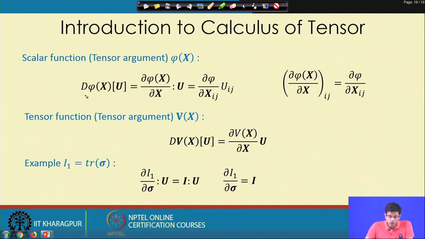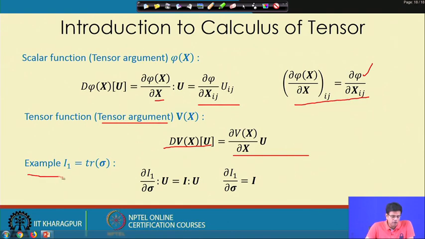So if I now want to write the gradient, I can write del phi of x ij with del phi of del x. This is a tensor, so it is a derivative with respect to a tensor, with contraction u. So the gradient of a scalar function with tensor argument in component form is this essentially. Phi here is a scalar function, this has to be remembered. Similarly I can expand it for a tensor function, simply writing it in this form with the proper inner product defined.